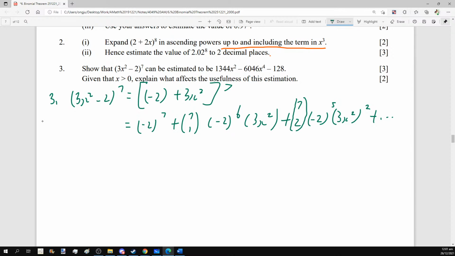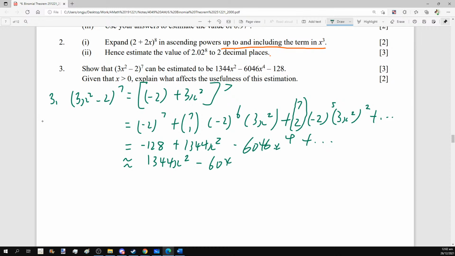And of course, this will then give us negative 1 through 8 plus 1344 x squared minus 6046 x4 plus dot dot dot, which will then be estimated to the thingy that they said in the original math problem. So over here, extremely straightforward, honestly.